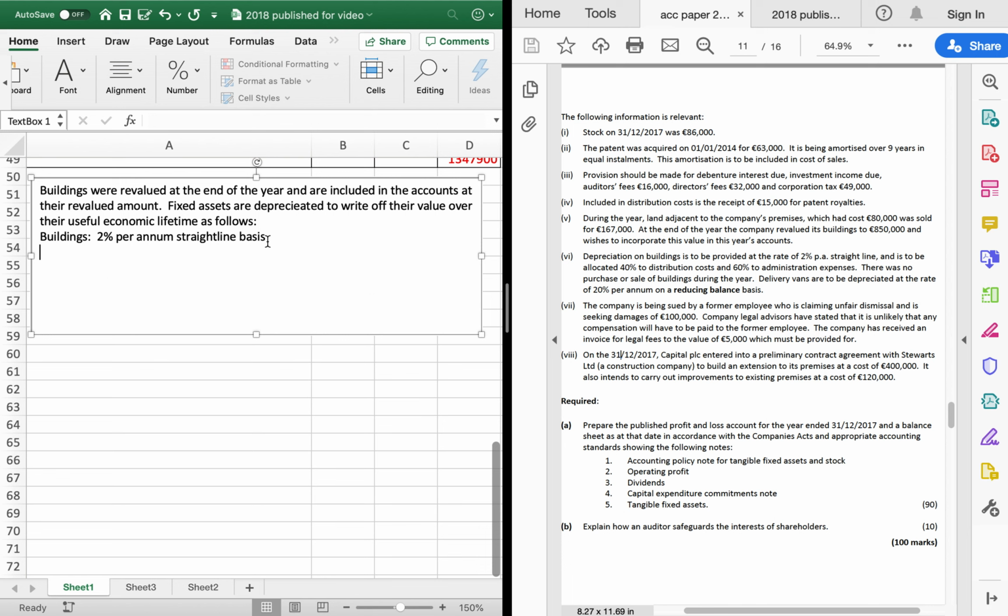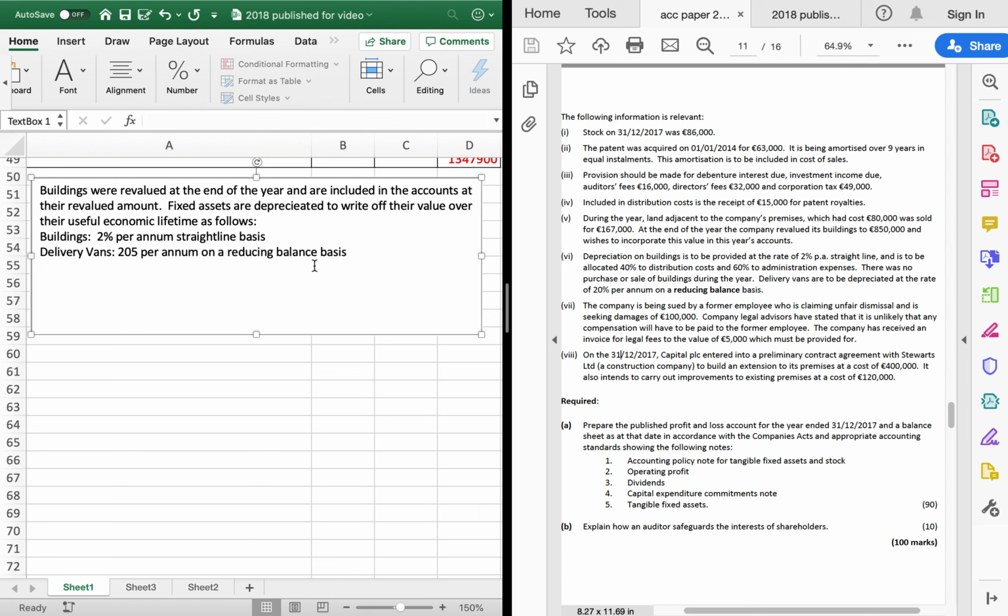And delivery vans, they were straight line in pretty much every other question up to this point, but they're not now. They're 20% per annum on a reducing balance basis. So it's basically this working here. You're just writing that out in a short form process.